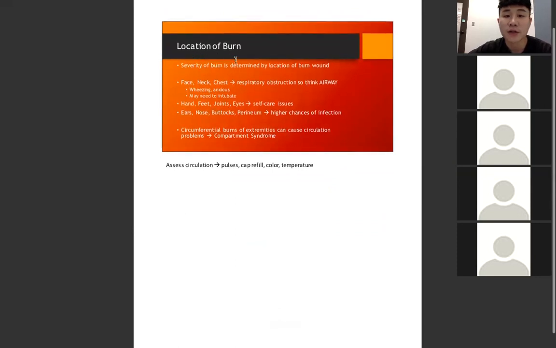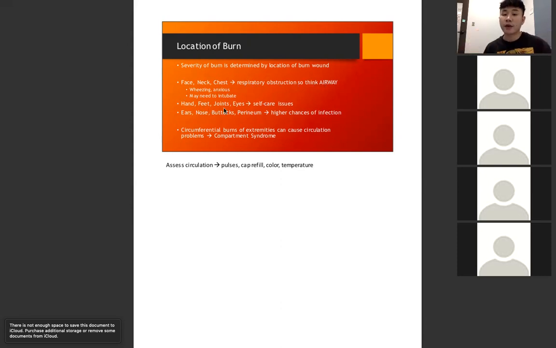All right, location of the burn. The severity of the burns is determined by the location of the burn wound. Face, neck, chest: respiratory obstruction, so think airway. The patient will experience wheezing and anxiety, and may need to be intubated. Hands, feet, joints, eyes: self-care issues.